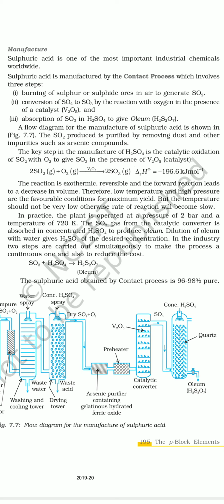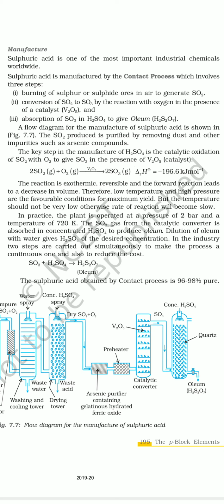Now, since the number of moles of the product is less than the total number of moles of the reactants, high pressure will favor the formation of sulfur trioxide. This is also according to Le Chatelier's principle.